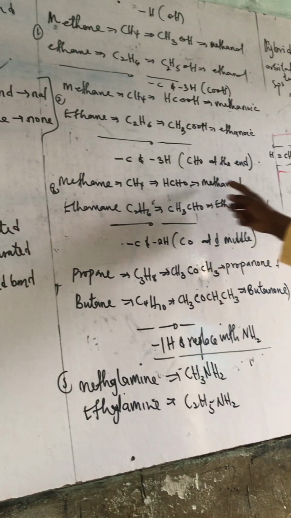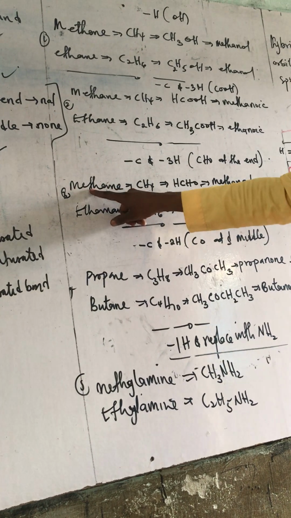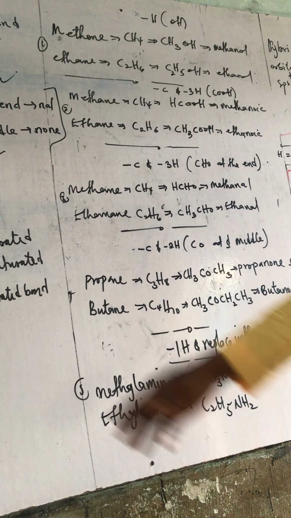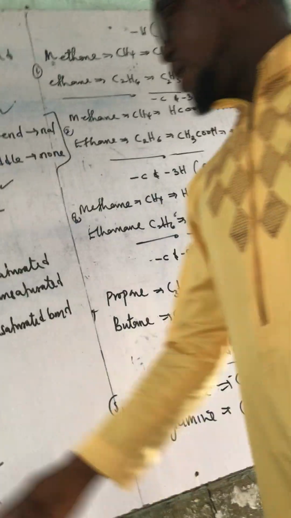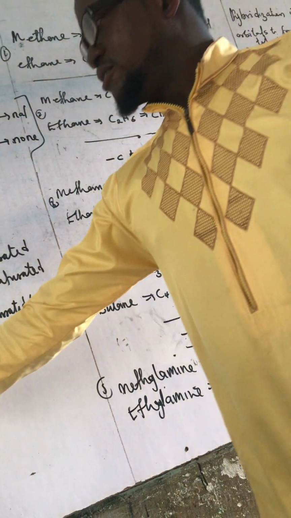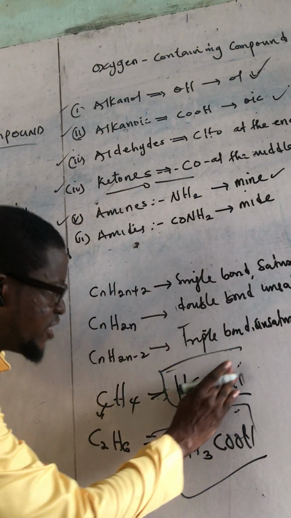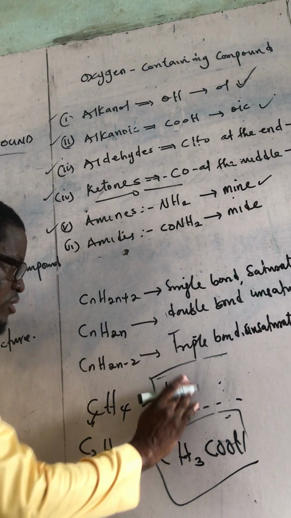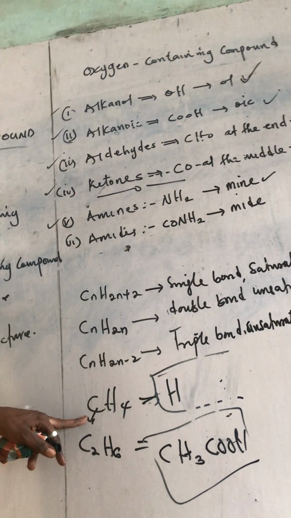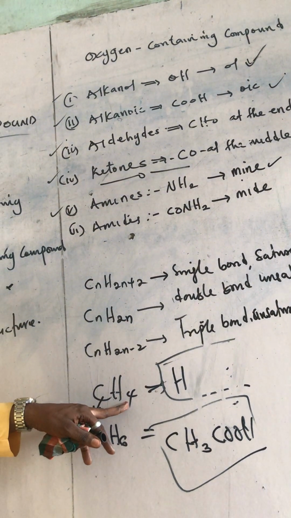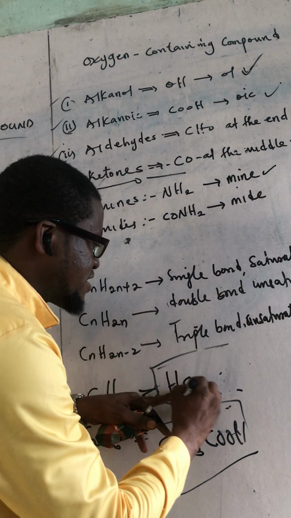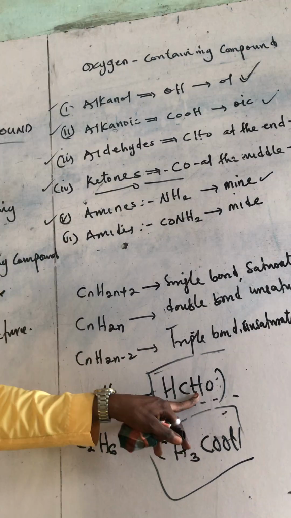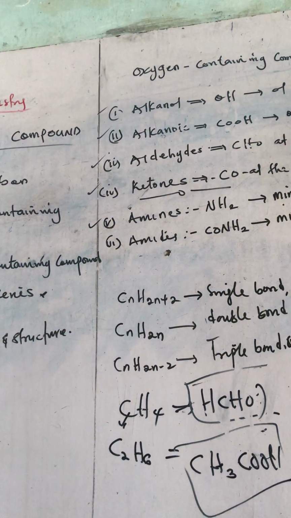So let's look at an example. So methane, for instance. The rule said we should remove 1 atom of carbon. I have done that, and then remove 3 atoms of hydrogen. Then replace. I have removed 1 atom of carbon, gone. Remove 3 atoms of hydrogen, gone. I have 1 hydrogen left. Then replace with what? CHO. What we have on the board is called methanal.